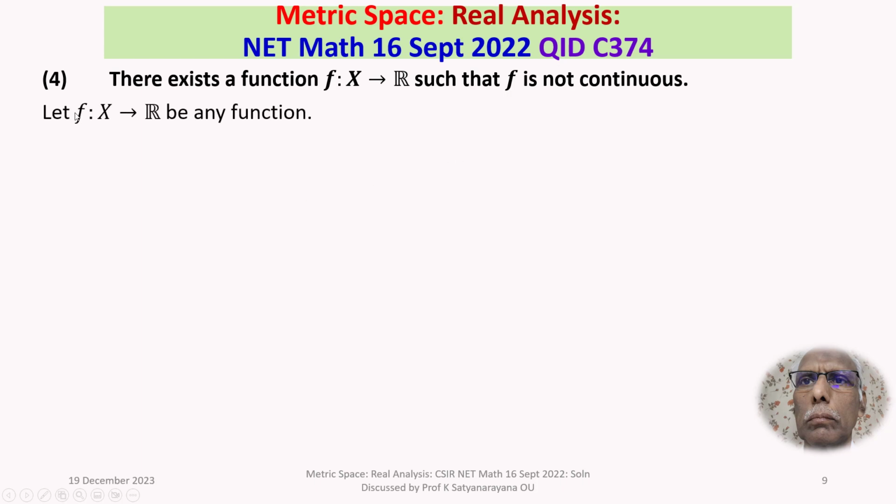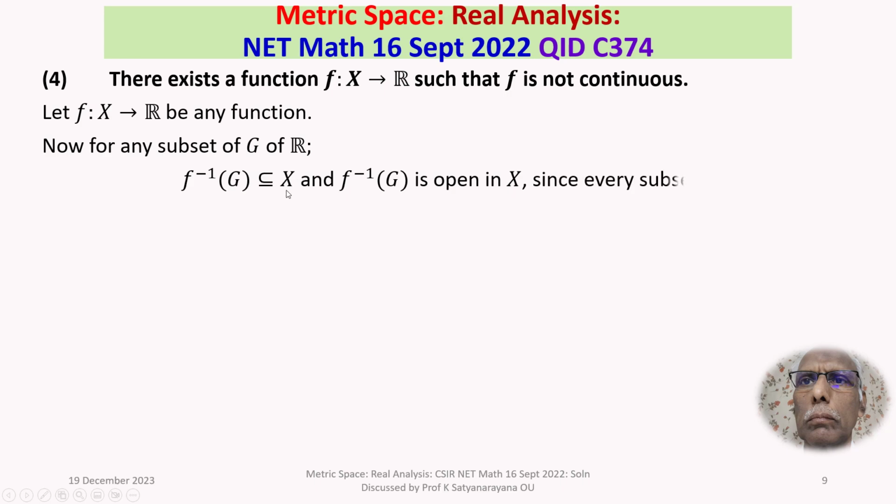Let f be any function from X into R. Now, for any subset G of R, consider f inverse of G, which will be a subset of X. That is, f inverse of G is open in X. Why?